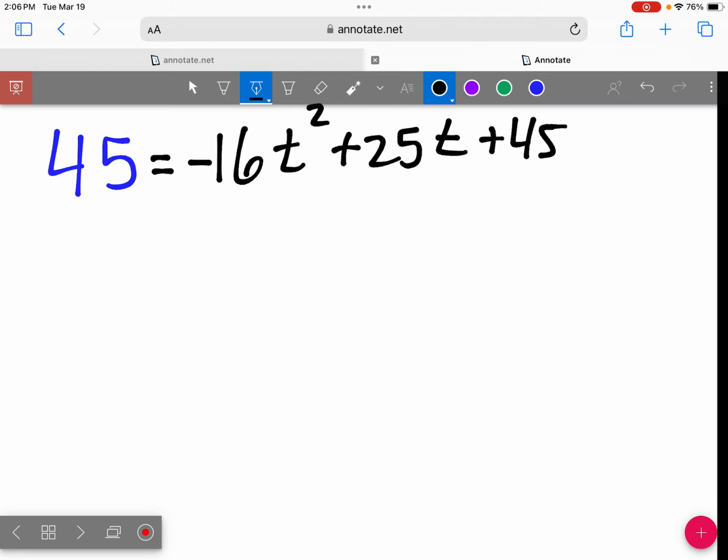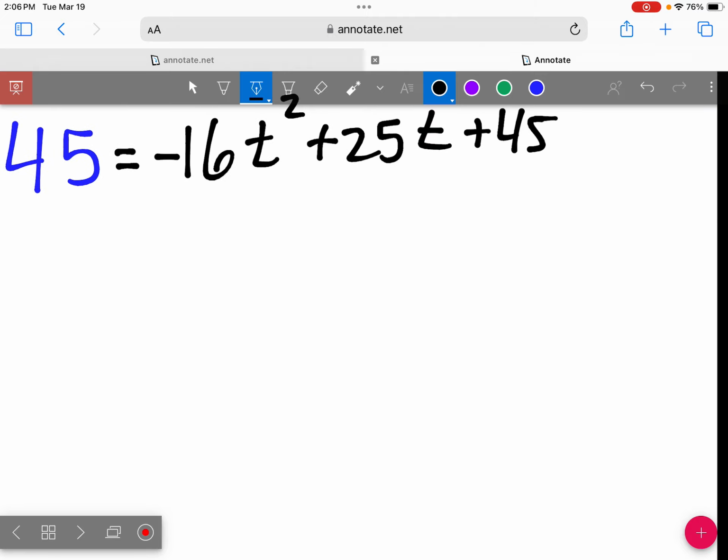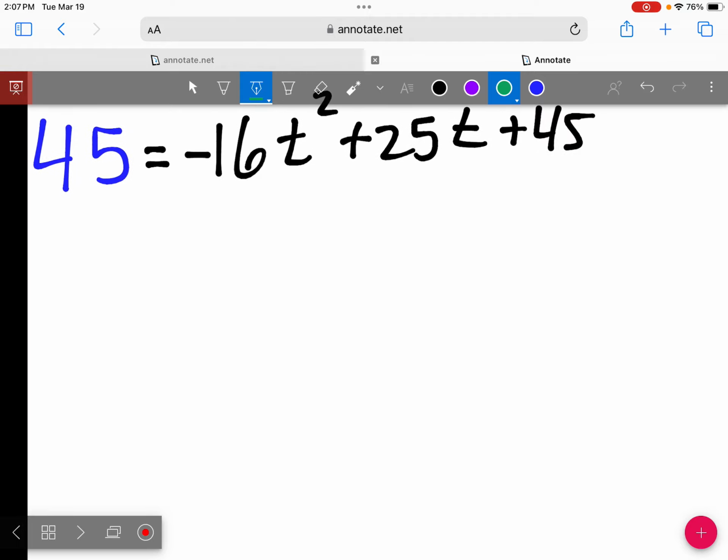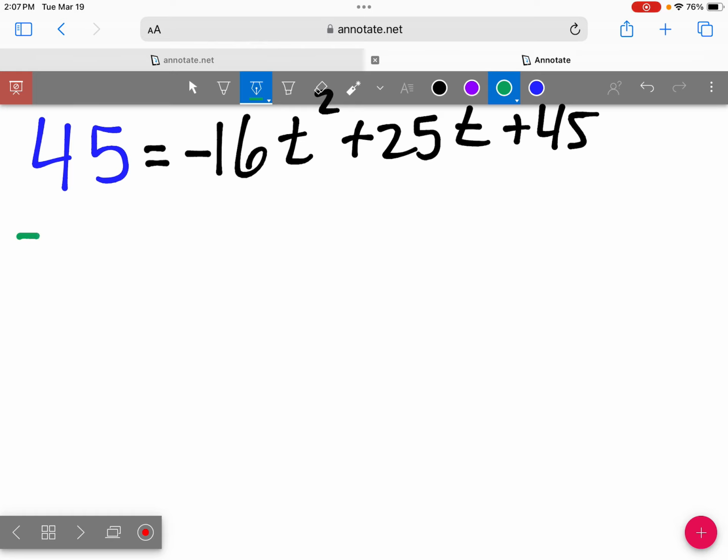What could I do to try and solve this? Whenever we're solving quadratics, a good start is to set it equal to 0 first. Whether we subtract the 45 from either side, it's going to be fine.